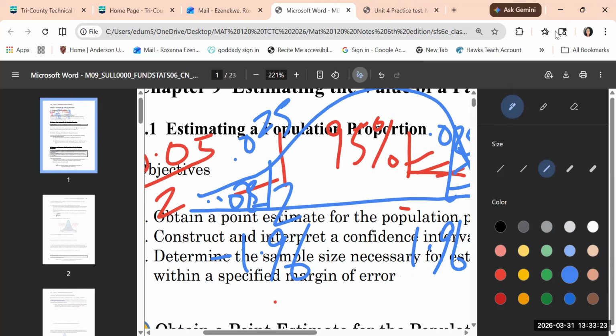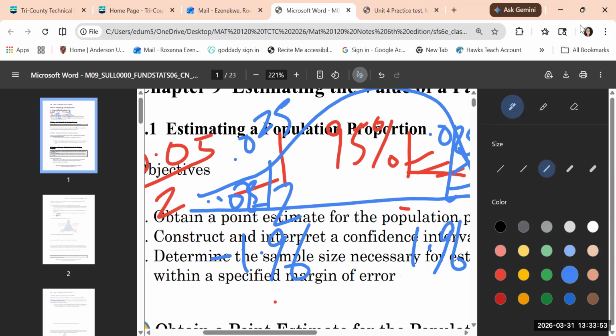If I round them up, it's 2. According to empirical rule, the area 95% in the center is about plus or minus 2 standard deviations. According to my calculator, it's plus or minus 1.96. In this unit, you must use plus or minus 1.96.